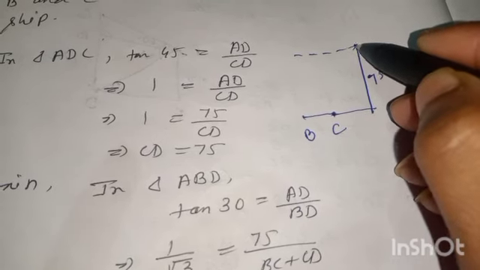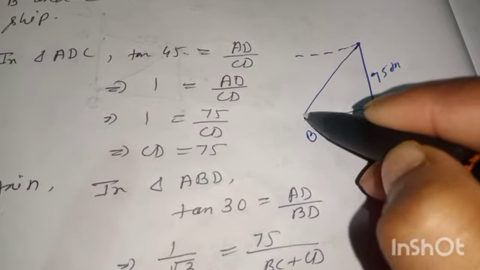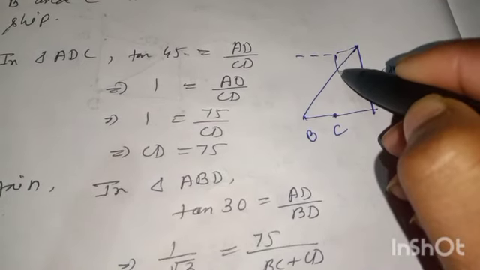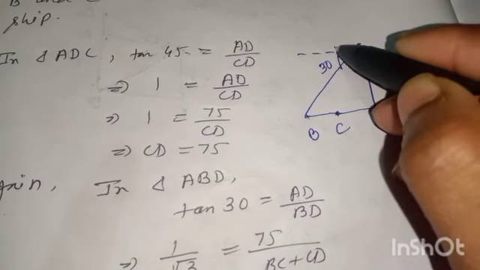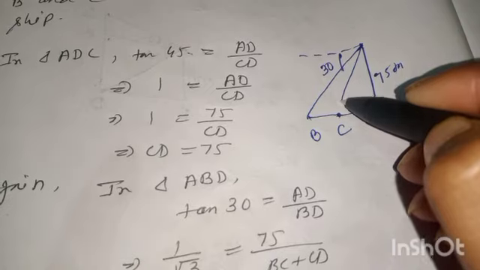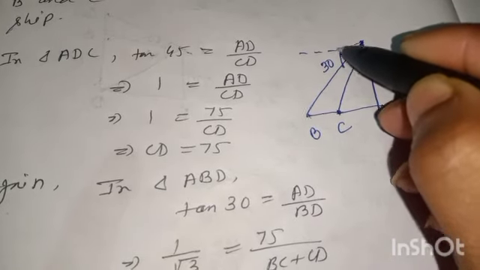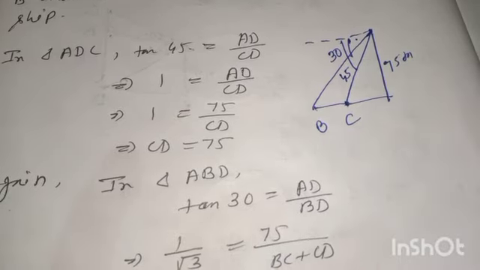This angle from this point will be how much? 30 degree. And another angle with respect to this horizontal level, this whole angle, is how much? This whole angle is 45 degree.